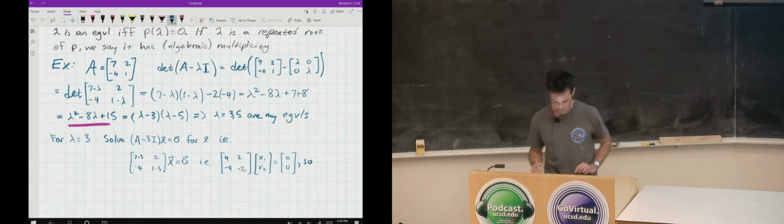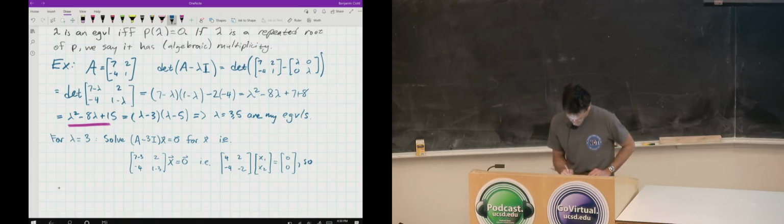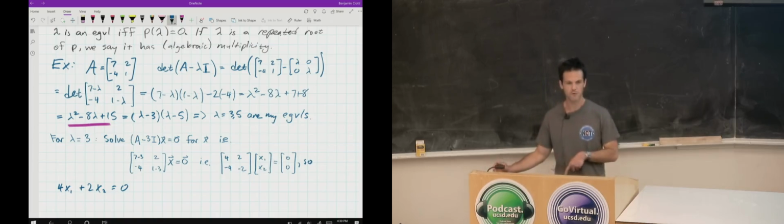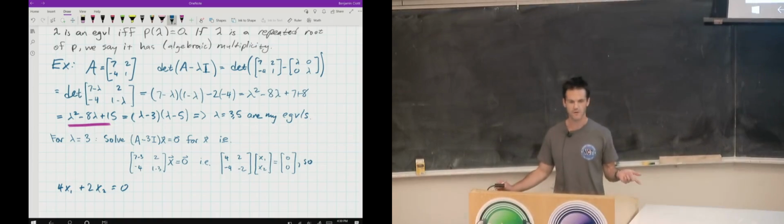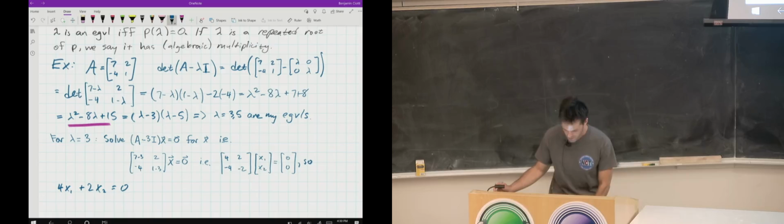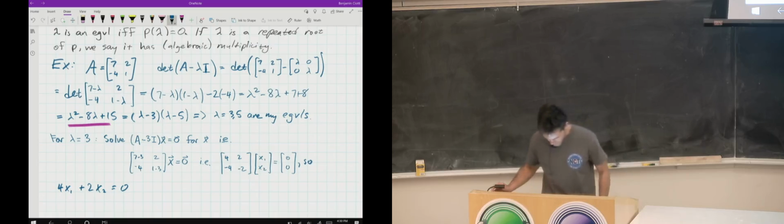So if you row reduce, you get that 4x1 plus 2x2 equals 0. And then the second row is dependent on the first row, which is what we would expect.